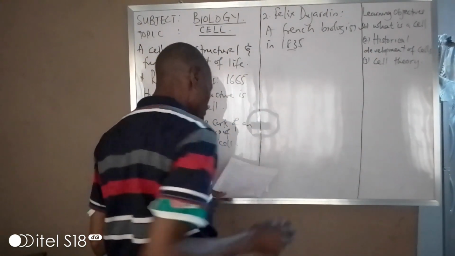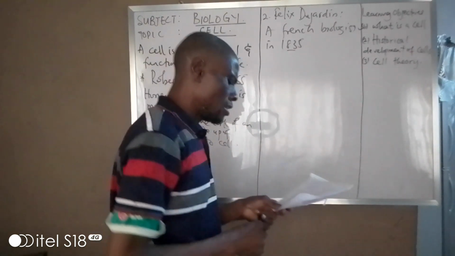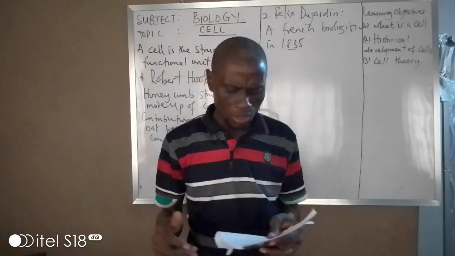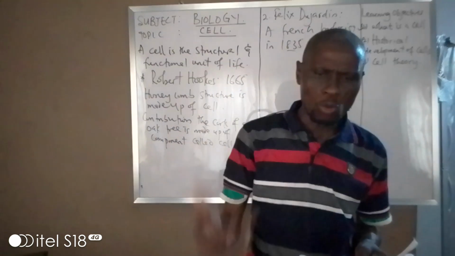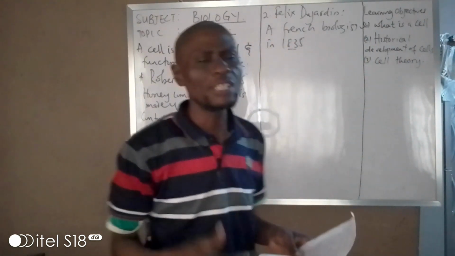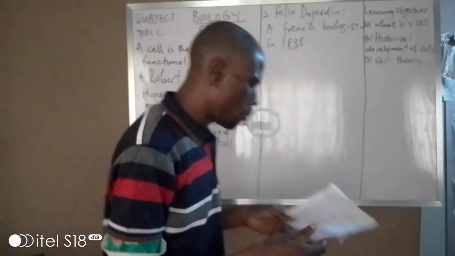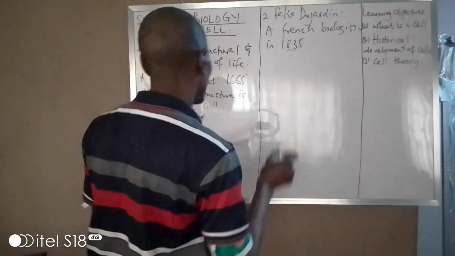In 1835, he discovered that the cell is made up of living substances called protoplasm. So he discovered that the cell is made up of a living component called protoplasm. So that was his contribution.